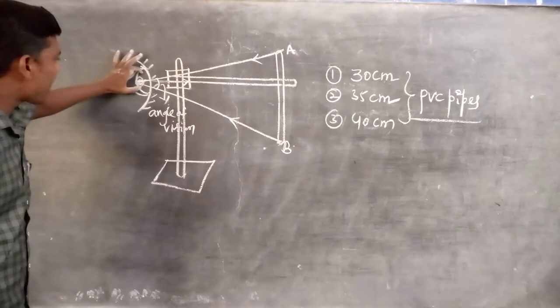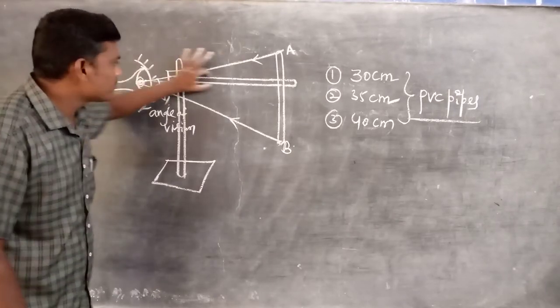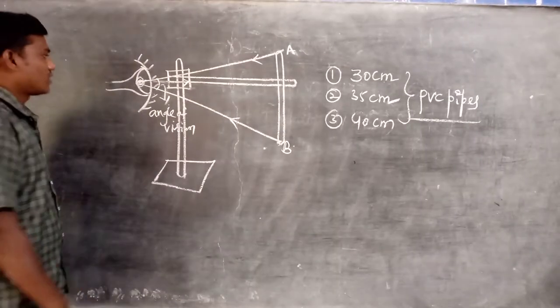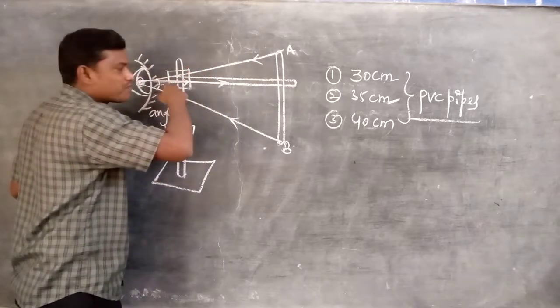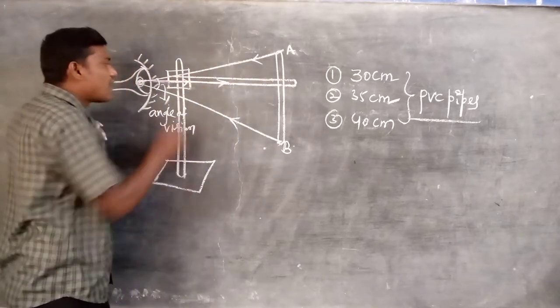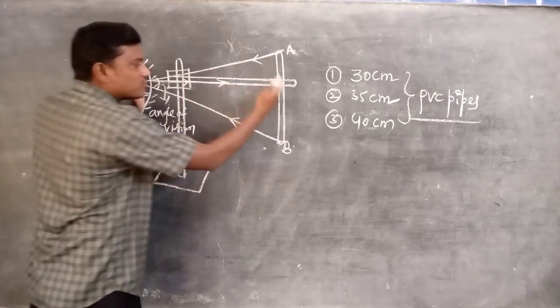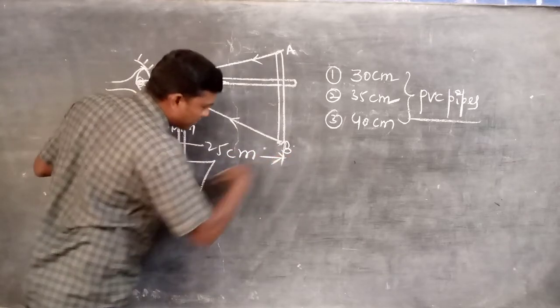So now our eye will be kept exactly along the horizontal rod in the retort stand, horizontally, parallel to the horizontal rod. At that time, the distance from our eye to the position of the object is initially how much? 25 centimeter.